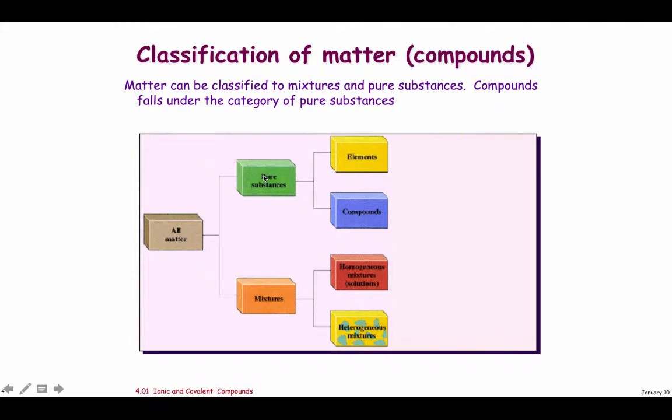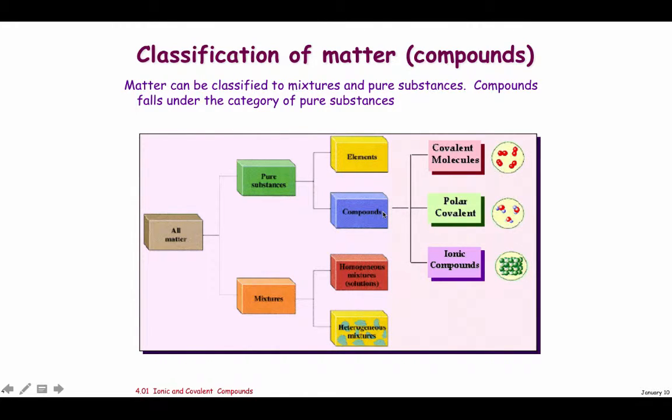A pure substance is a chemical that has a unique property, and it can be a compound like water or sodium chloride, or an elemental compound like hydrogen gas or iodine. Now we're going to look at compounds more because that's what this chapter is about.